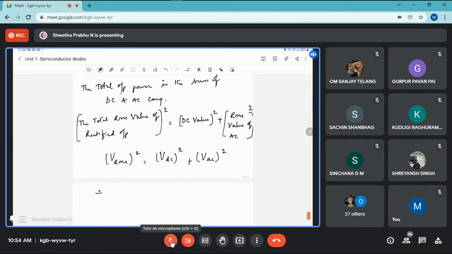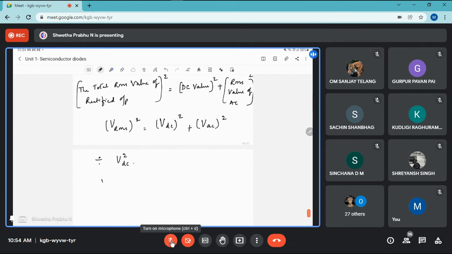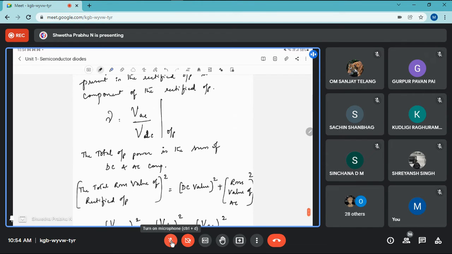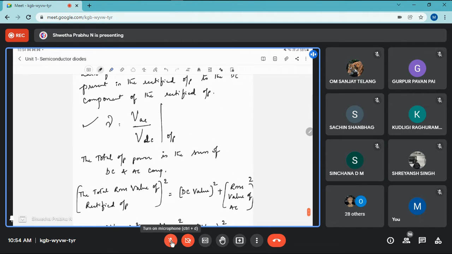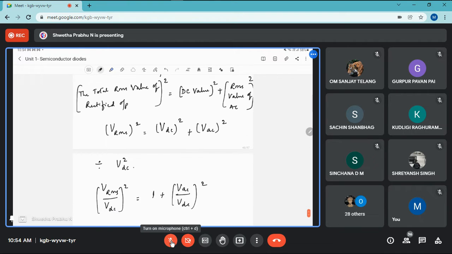Divide this equation throughout by VDC square. What will you get? VRMS by VDC the whole square is equal to 1 plus VAC over VDC the whole square. What is VAC by VDC with respect to this? It is gamma, that is the ripple factor. Correct?